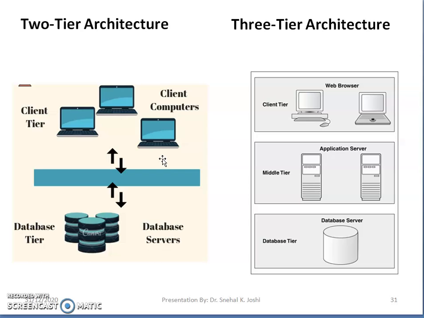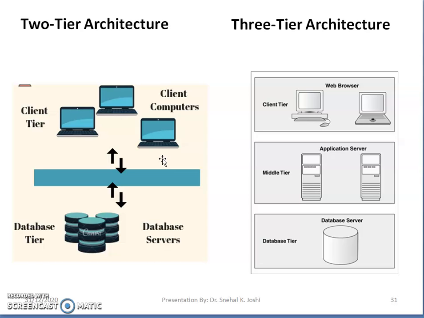In 2 tier architecture, it is the same as basic client server. In the 2 tier architecture, applications on the client end can directly communicate with the database at the server side. For this interaction, APIs like ODBC and JDBC are used.